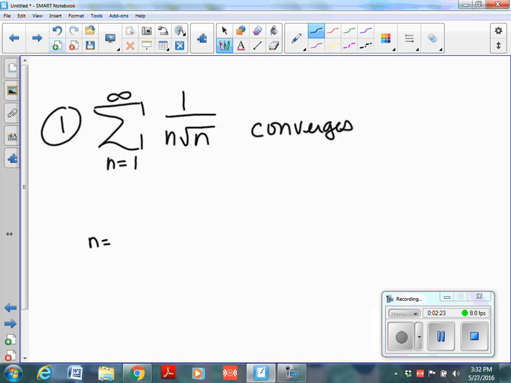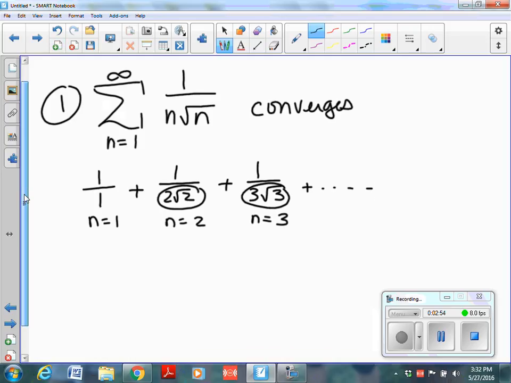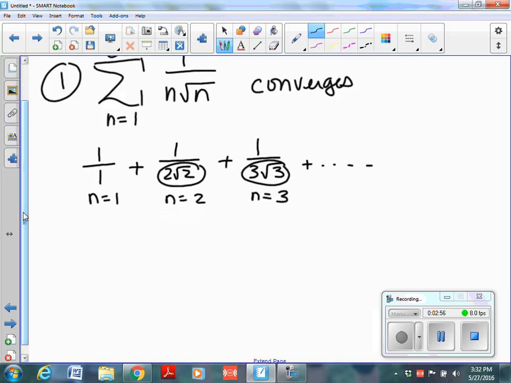I'll start with n equals 1, n equals 2, n equals 3, like I've been doing. When I put 1 in there, I get 1 over 1 plus 1 over 2 square root of 2 plus 1 over 3 square root of 3, and so on. You can see that these terms are getting closer and closer to 0. Since this has a limit, so does the integral.